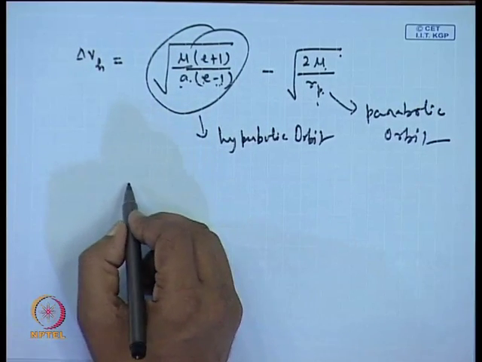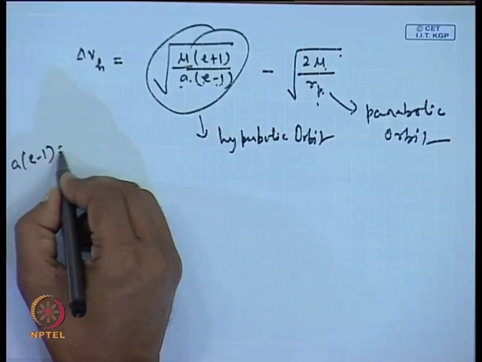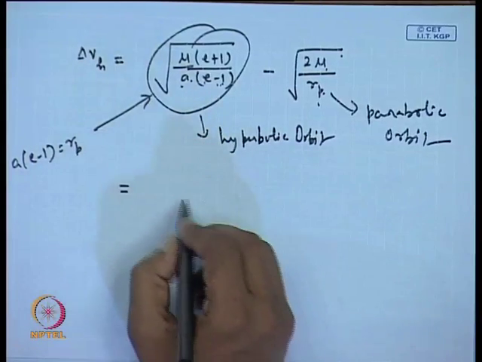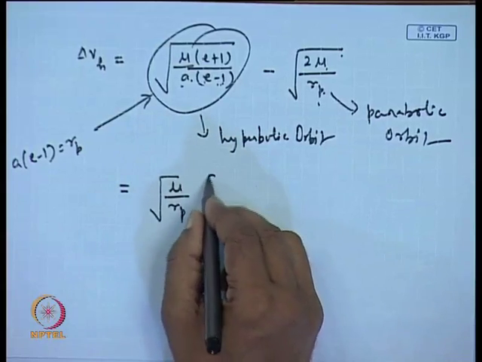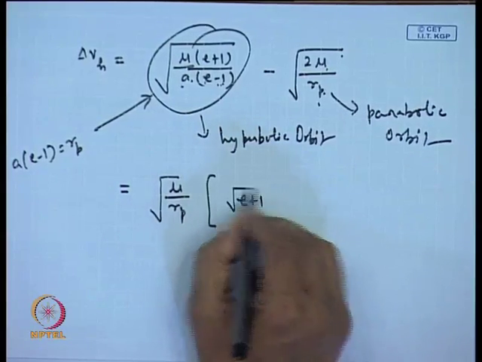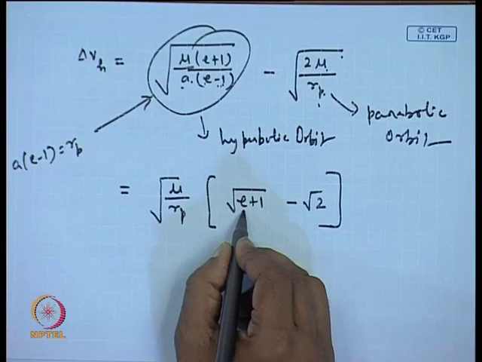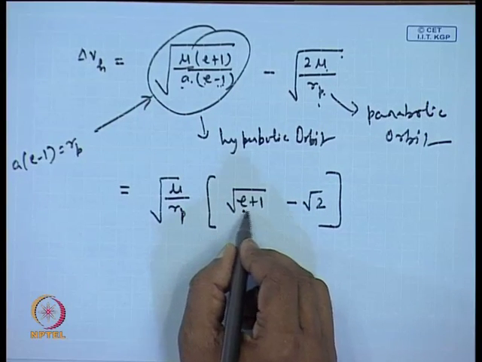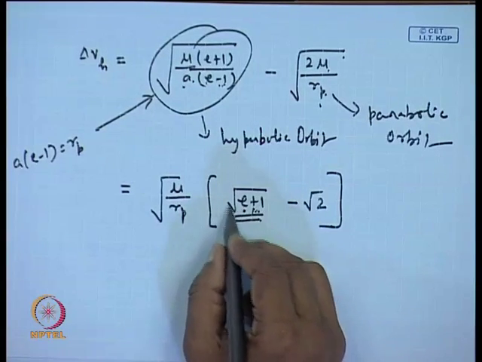So, the whole thing can be simplified and written in this way: square root of mu by R_p times (square root of (e plus 1) minus square root of 2). And because e is greater than 1, this quantity is greater than square root of 2.